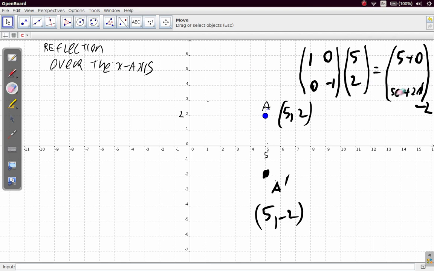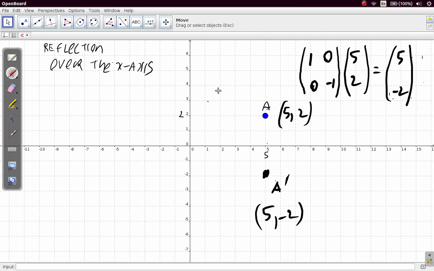So what you have happening over here is 0 by 5 plus 2 by negative 1. So 0 by 5 is 0, 2 by negative 1 is negative 2. So this is the matrix we're looking at all along. What we have is 5, negative 2. So 1 by 5 plus 0 by 2 gives you 5. 0 by 5 plus negative 1 by 2 gives you negative 2.